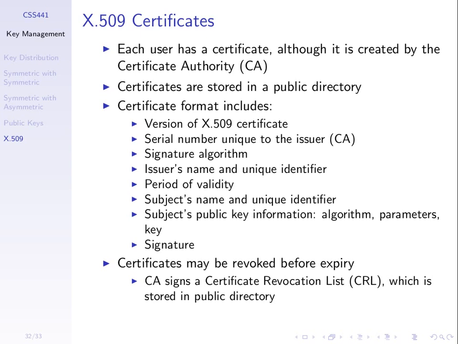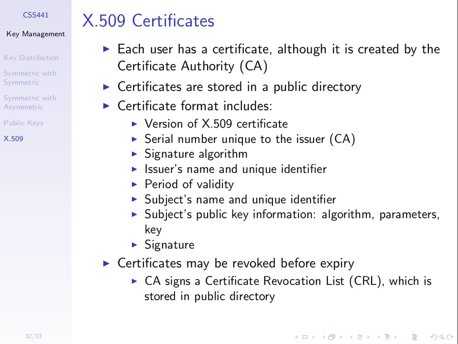The issuer is the entity that signs. The subject is the entity who has their public key stored in the certificate. So someone issues a certificate to some subject. So inside the certificate is some name and identifier of the issuer, the subject's name and identifier. There's 2 timestamps normally to indicate when this certificate is valid from and to, when it starts and when it expires.